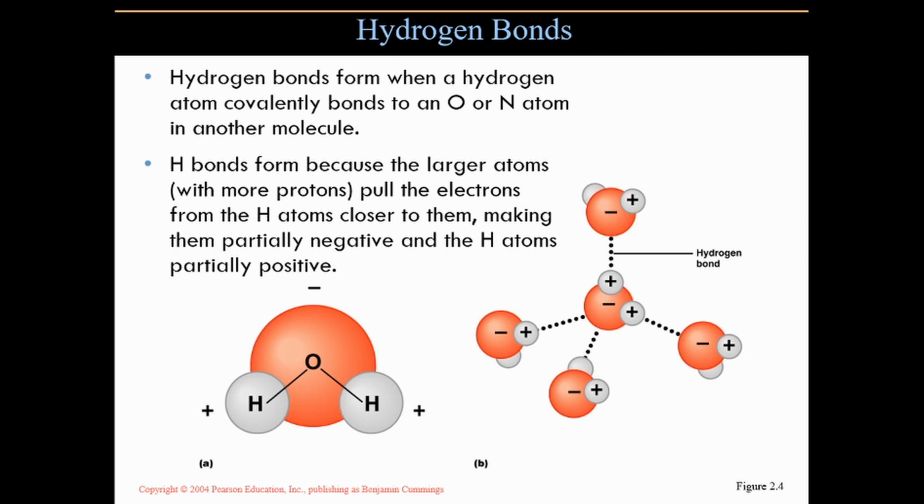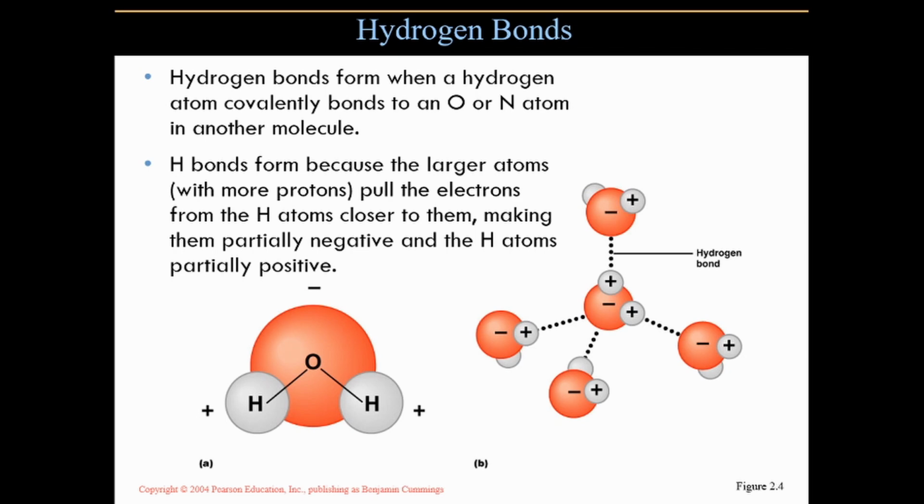But H bonds form because the larger atoms, in this example oxygen, which has more protons, I mean oxygen has 8 protons, hydrogen only has 1. That oxygen atom, because of its large proton charge or force that it has, will pull the electrons from the H atoms closer to it, making the oxygen slightly negative and the hydrogens slightly or partially positive.